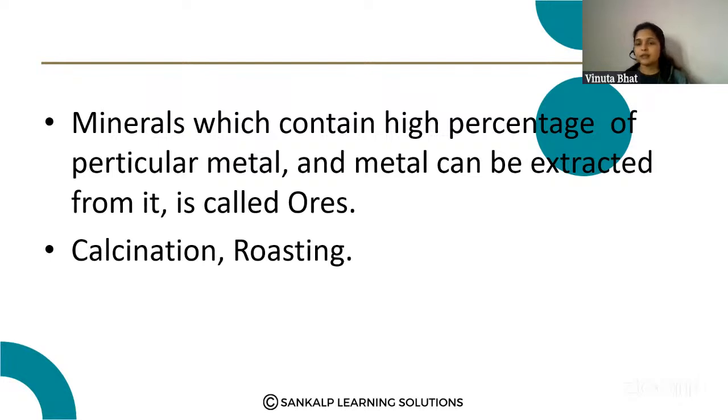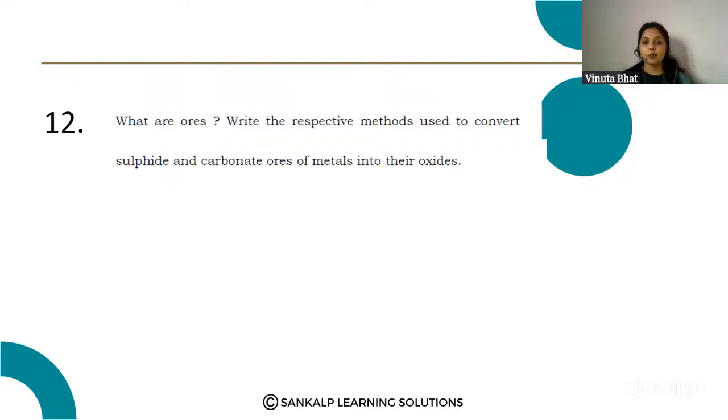So in the mineral the particular metal percentage is high, so it can be extracted from it, and that is called an ore. Here, for sulfide and carbonate ores of metals into their oxides, calcination and roasting methods are used.